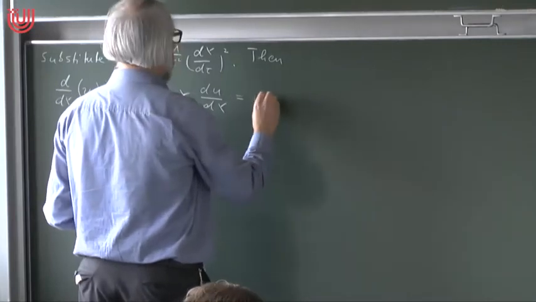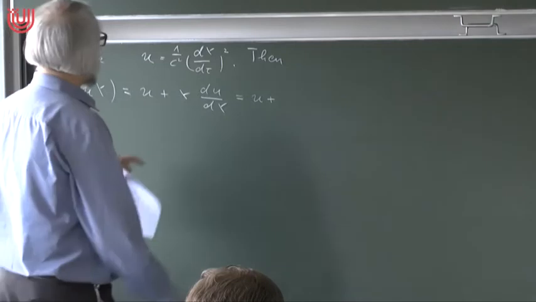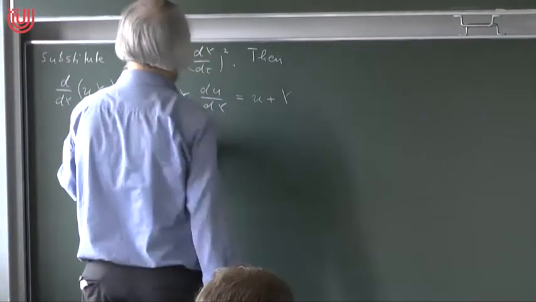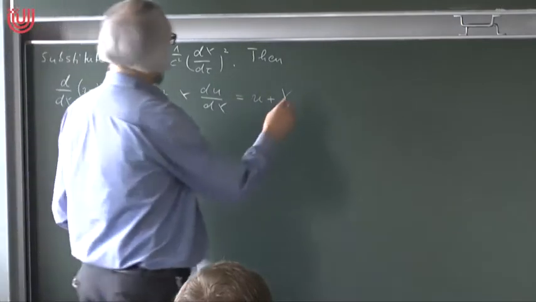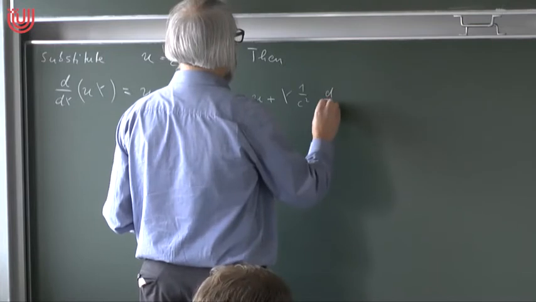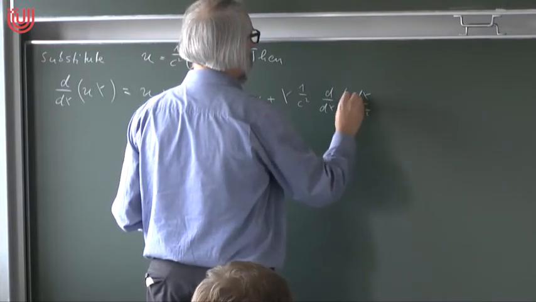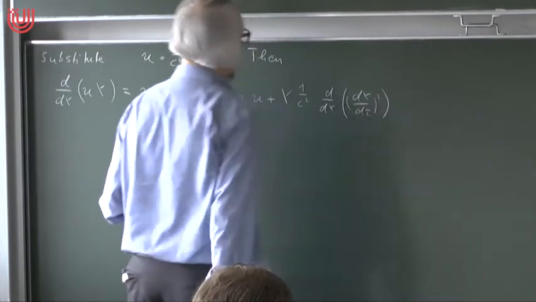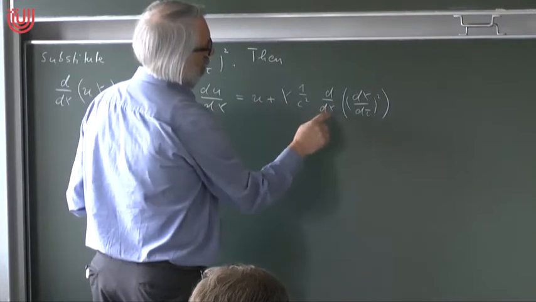So I can handle this in the following way. U plus y. And I remember now what u was. So u was 1 over c squared times (dy by d tau) squared. And I calculate this here with the chain rule.